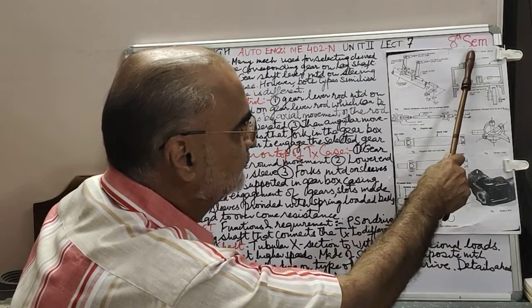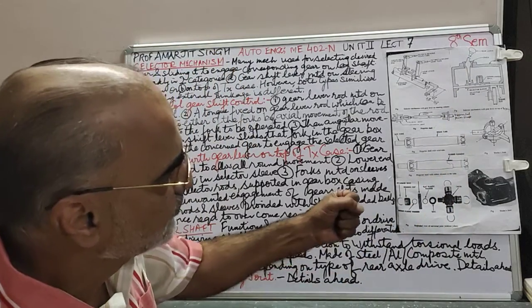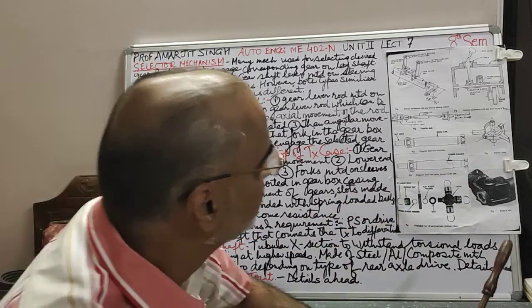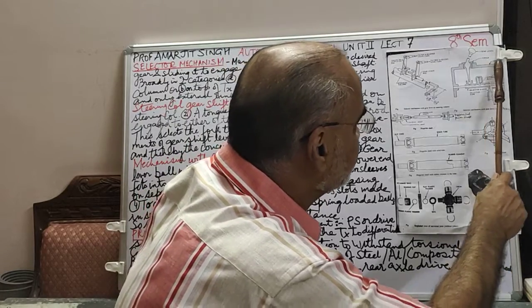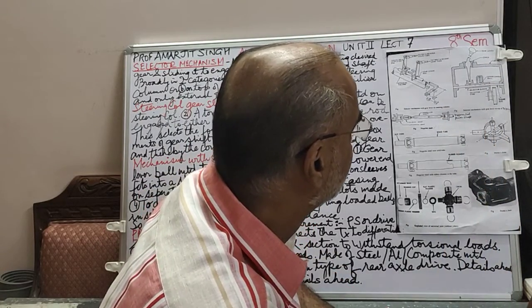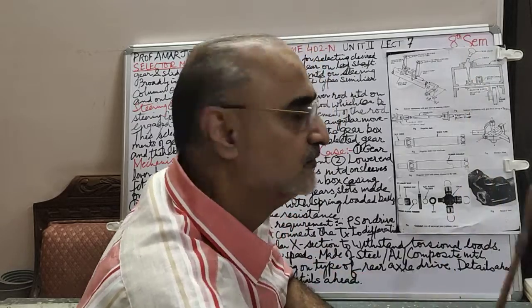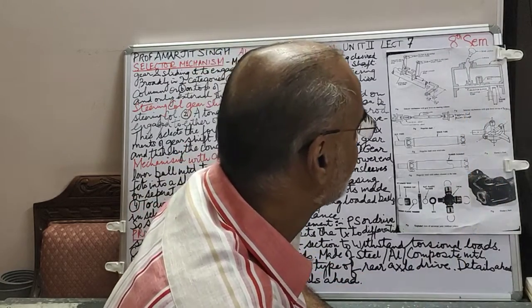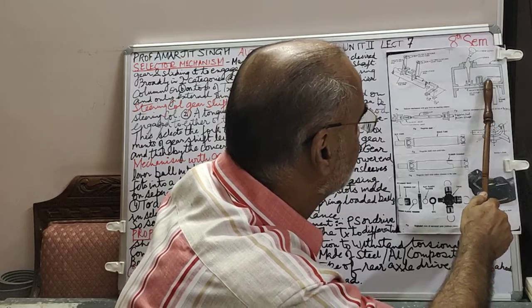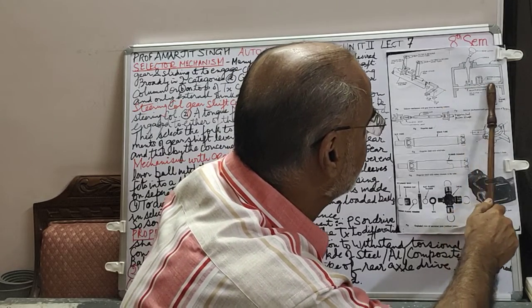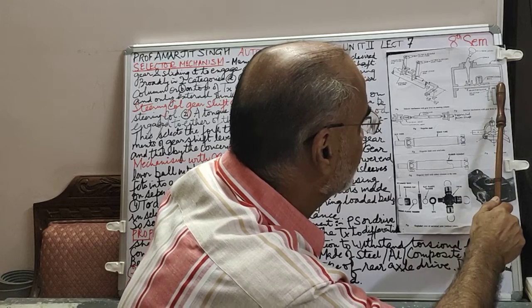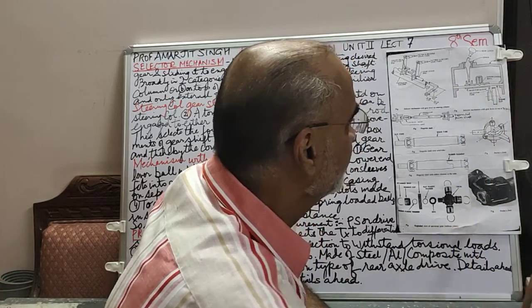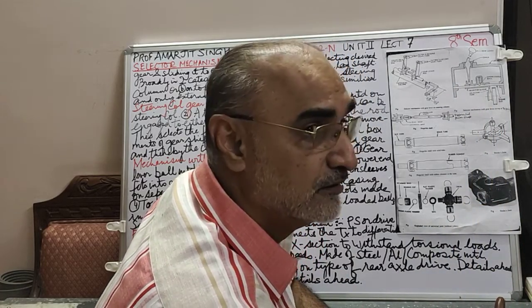This is the knob which you hold to change the gear. This is the casing of the gearbox. This is a cover to prevent dust and all that from coming inside. This is a rod which is mounted inside the casing.